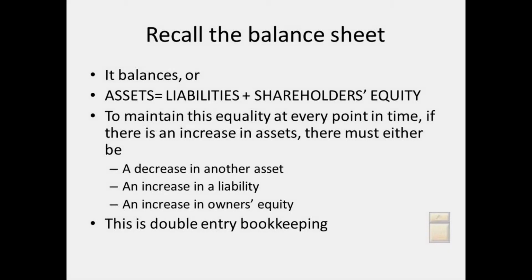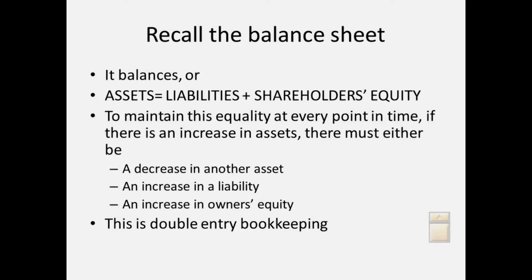Okay, so what does that really mean? It means if there's an increase in an asset, then there has to be either a decrease in another asset, an increase in a liability, or an increase in owner's equity. So for every transaction, we want a double entry. We want to know not only one thing that happened, but how did that happen?